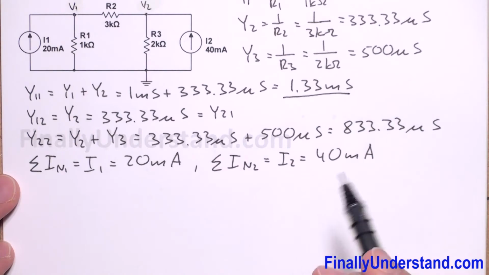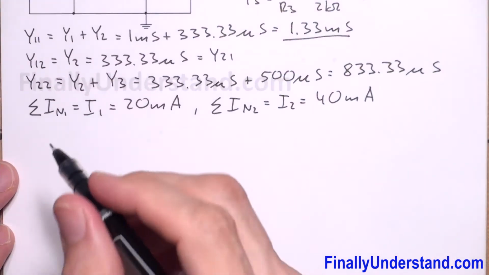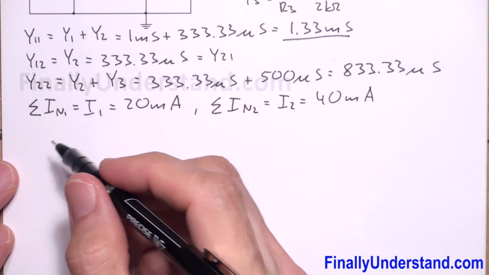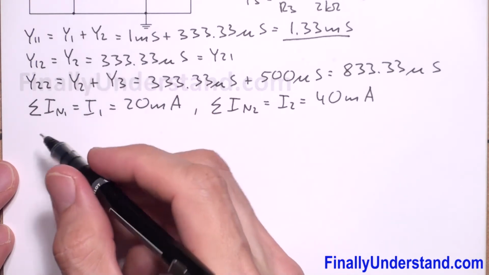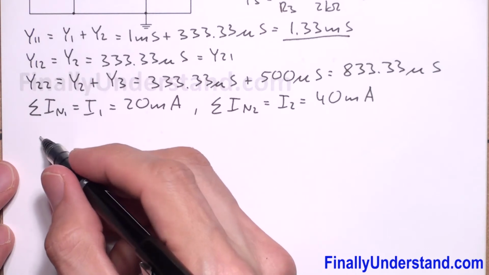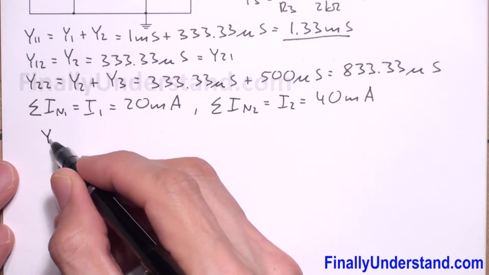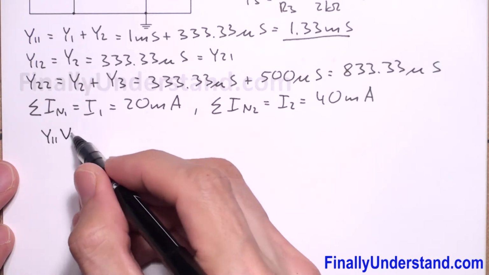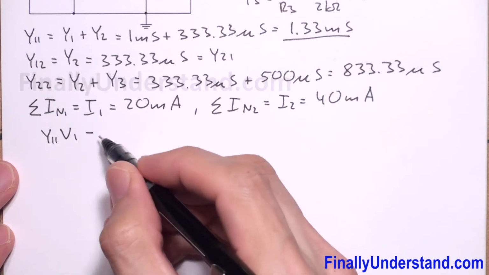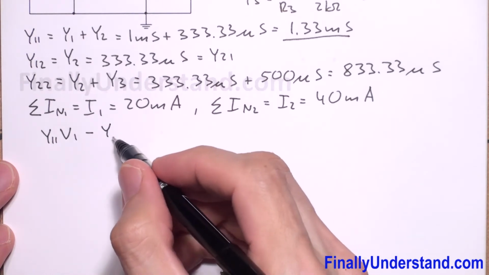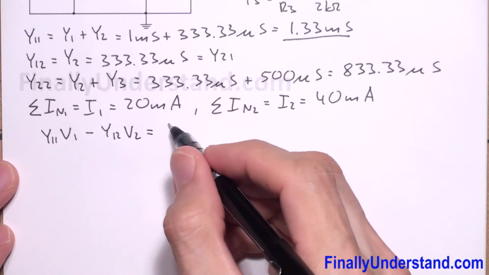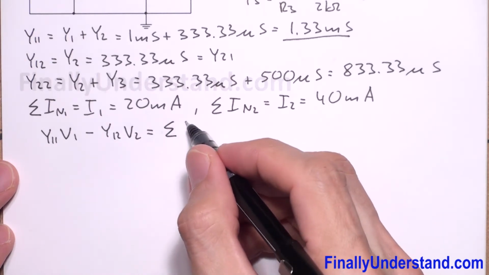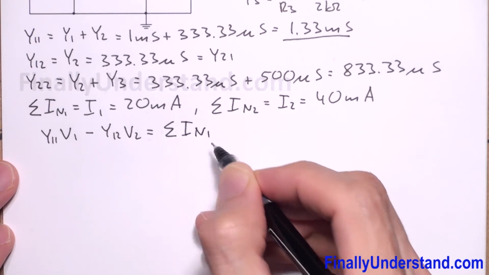So someone is going to ask what we need all this information for. We need all of them to set the nodal equations properly. So the general formula says that we have Y11 V1 minus Y12 V2 is equal to the sum of the currents going to node 1.